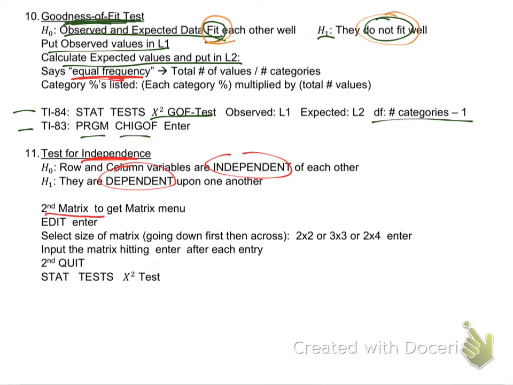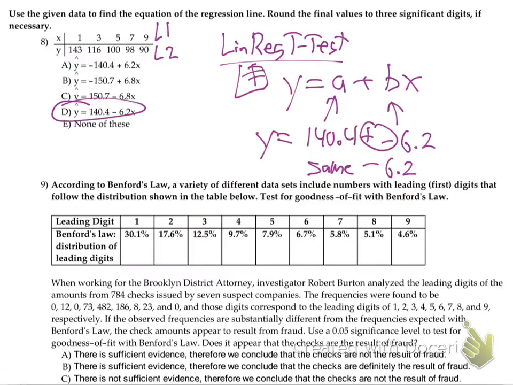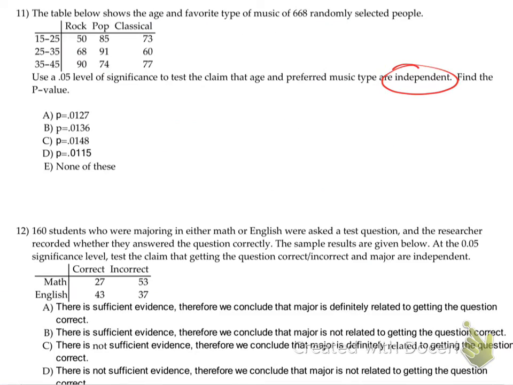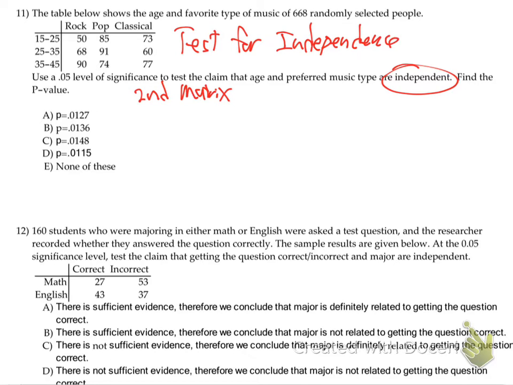That's where you go to second matrix and put stuff in the matrix menu. So we go second matrix. This is a test for independence. Does what kind of music you like, is that independent from how old you are?